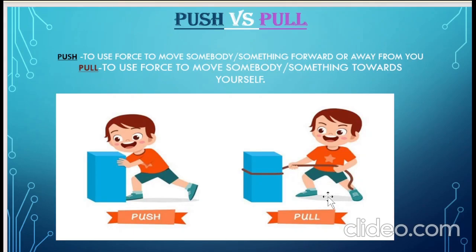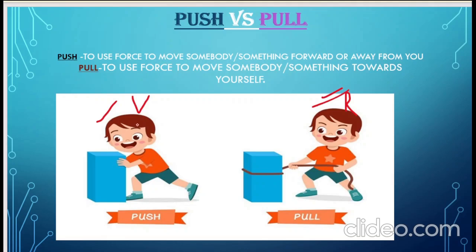So, what is a push and what is a pull? There are two figures, figure 1 and figure 2. In the first figure, this person's name is Virat Kohli and this boy's name is Rohit Sharma. What is Virat Kohli trying to do?